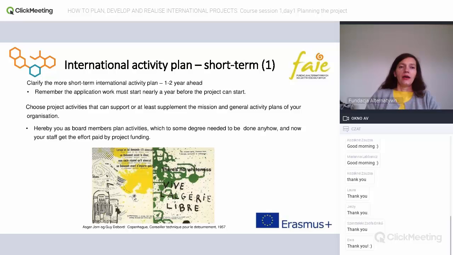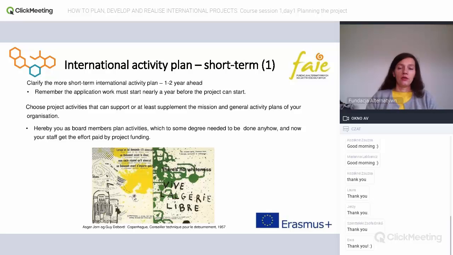Being a manager of an organization, an important information is that you realize your mission anyway. You make general activity plans anyway for your organization. Applying for international co-funding means that you will just do your plans, do your job, but with extra support, with extra financing, which could be really attractive.